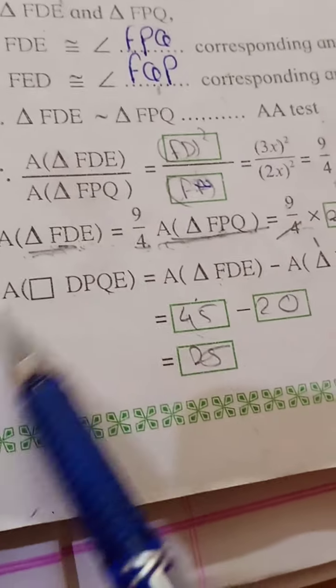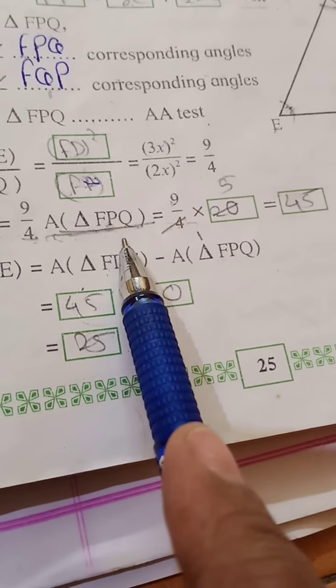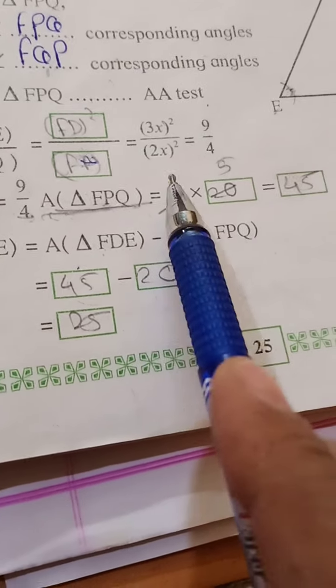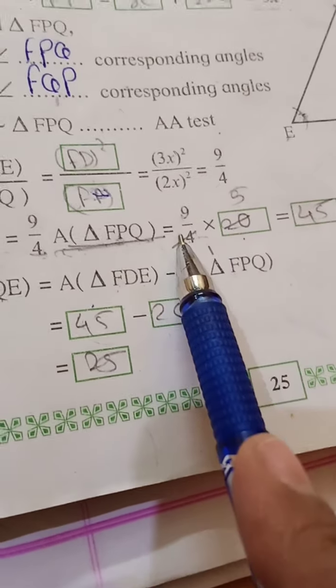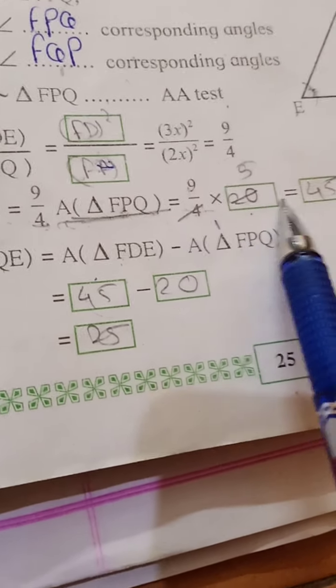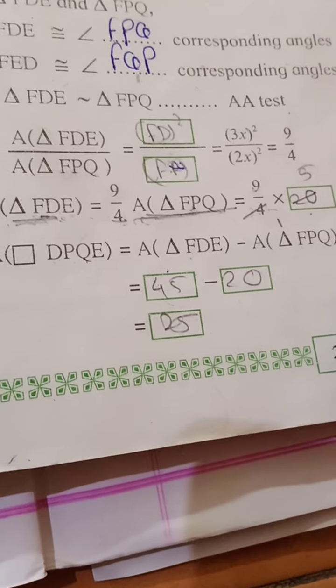Now the area of triangle FDE is 9/4 of the area of triangle FPQ, and this area is 20, given in the question. Therefore 9 fives are 45. That will be the area of triangle FDE.